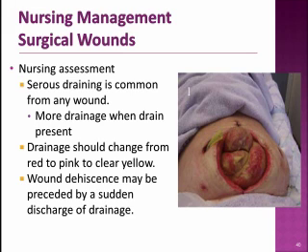In general, drainage is expected to change from sanguinous, which is red, to serosanguinous, which is pink, to serous, which is clear yellow. The drainage output should decrease over hours or days depending on the type of surgery. Wound infection may be accompanied by purulent drainage. Wound dehiscence, which is separation and disruption of previously joined wound edges, may be preceded by a sudden discharge of brown, pink, or clear drainage.